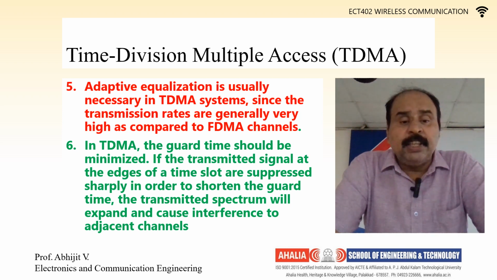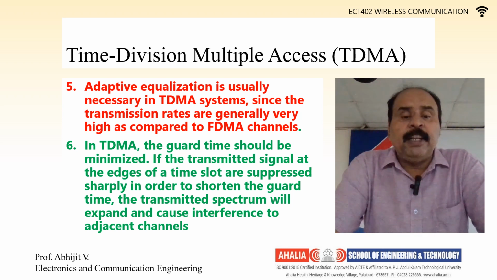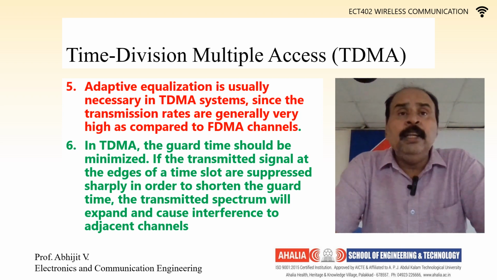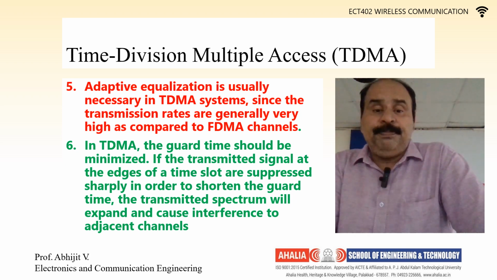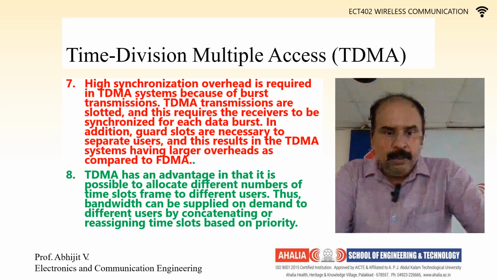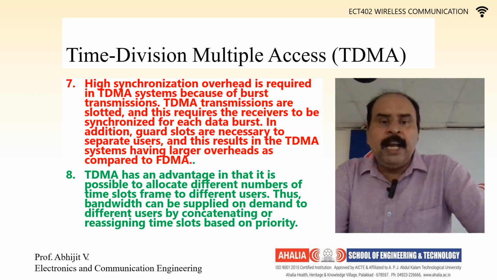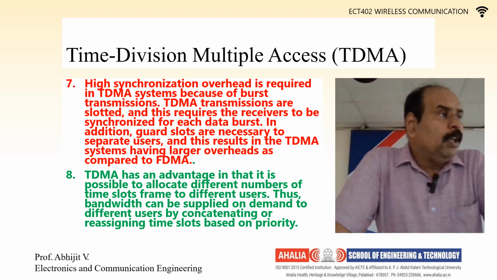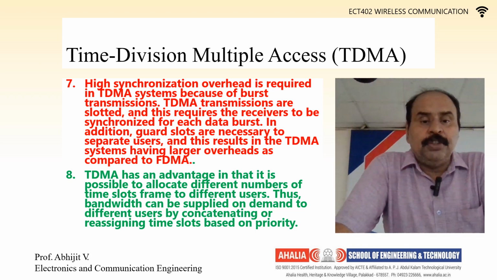In TDMA, the guard time should be minimized. If the transmitted signal at the edges of a time slot is cut off sharply in order to shorten the guard time, the transmitted spectrum will expand and cause interference to the adjacent channels. High synchronization overhead is required in TDMA because of the burst transmissions.